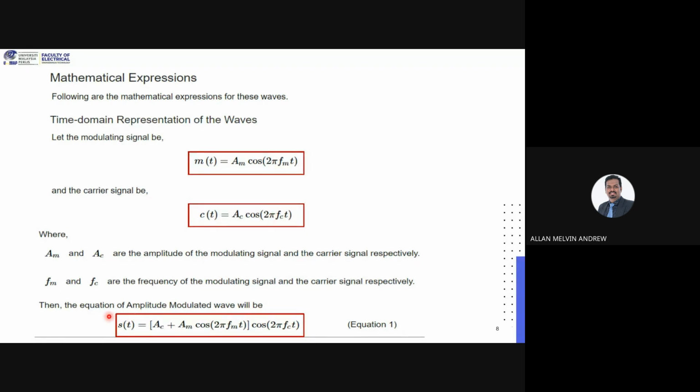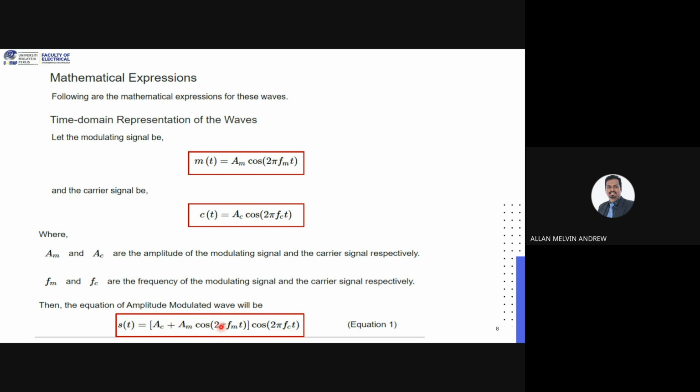The equation of the amplitude modulated wave is the signal that we want to send over a distance. We write it as s(t). You just combine both, you just plus both, and once you combine, you get equation one: s(t) equals (AC plus AM cos 2 pi fm t) cos 2 pi fc t.